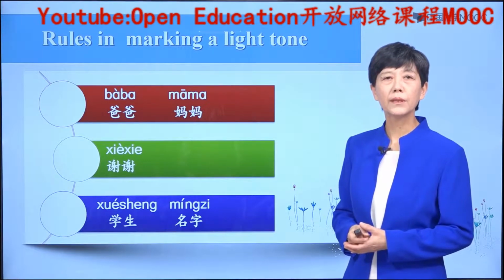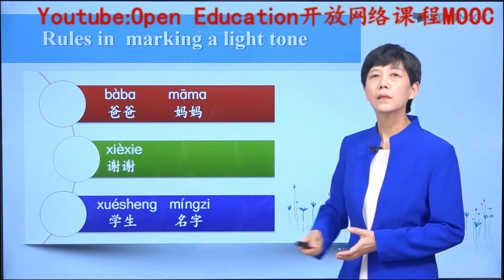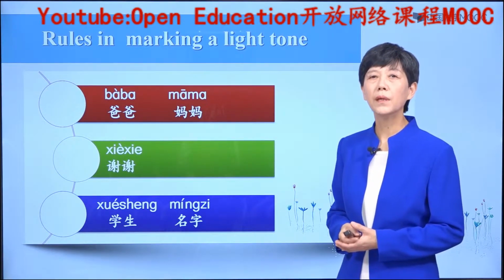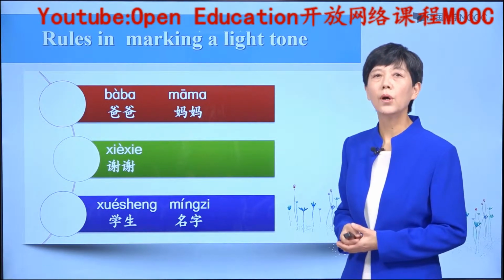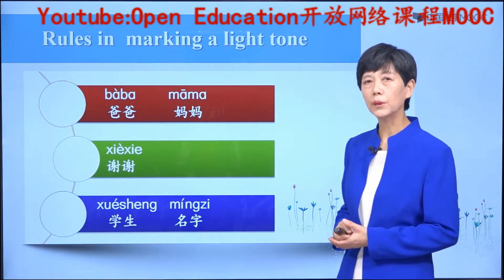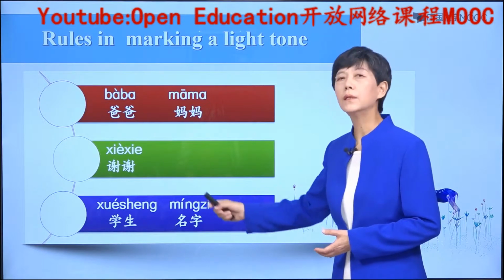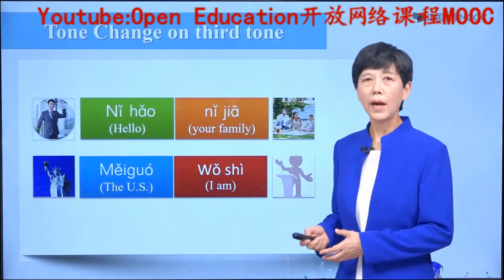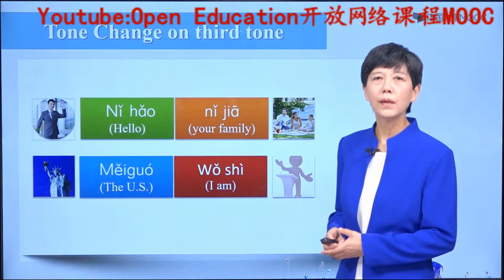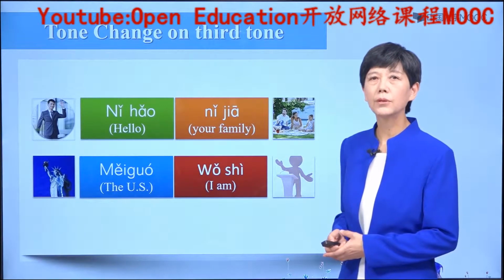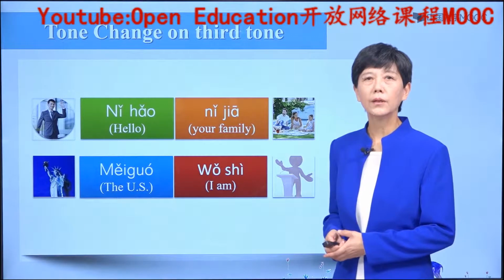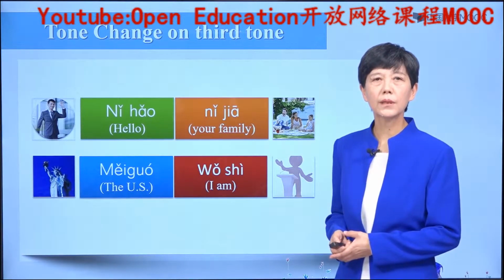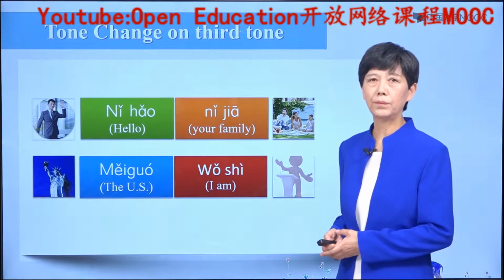When we repeat a single word like 谢谢, and when we focus the meaning on the first syllable of a 2 characters word like 学生, 名字, etc. Actually, light tone is a kind of tone change in speech. In daily speech, it is very common that a tone changes its original pronunciation.